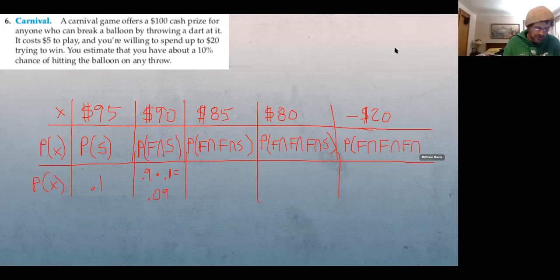So this represents all the outcomes, and there we go. Let's go ahead and figure that out. Go ahead and put in the numbers whenever you find them.